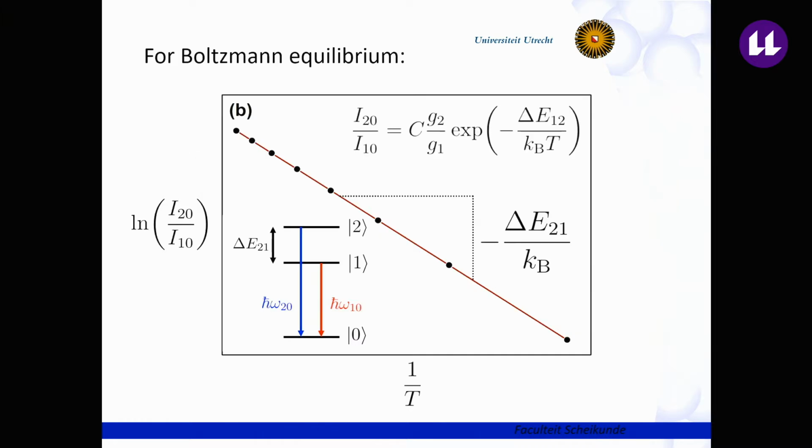And if there's Boltzmann equilibrium between the two, meaning that the equilibration between the two levels is much faster than emission from either one of the levels, then it follows Boltzmann's law, and when you plot the natural logarithm of the intensity of the higher energy emission over the lower energy emission versus 1 over T, you get a straight line with the slope of delta E, the energy difference between the two levels, over Boltzmann's constant. So that makes a very nice internally referenced temperature sensor.